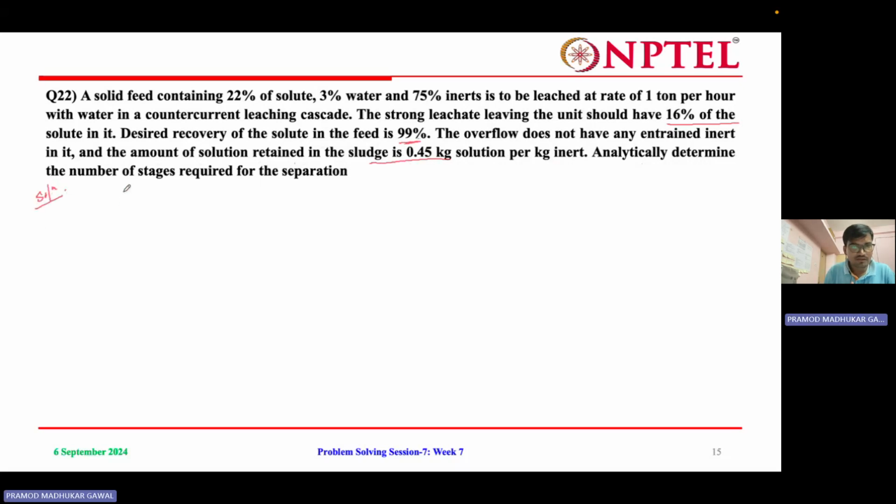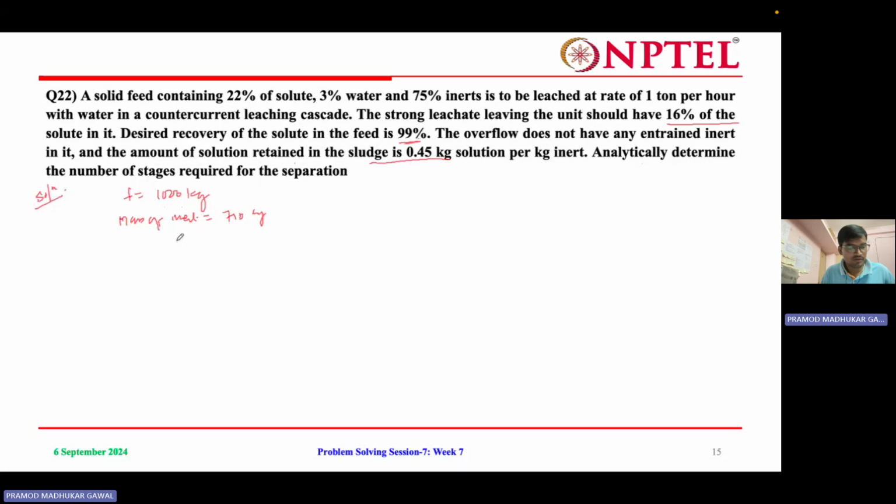So the feed is 1000 kg, and the mass of inert is 750 kg, right?